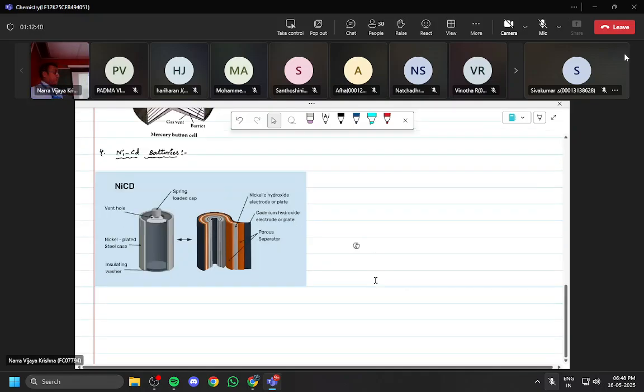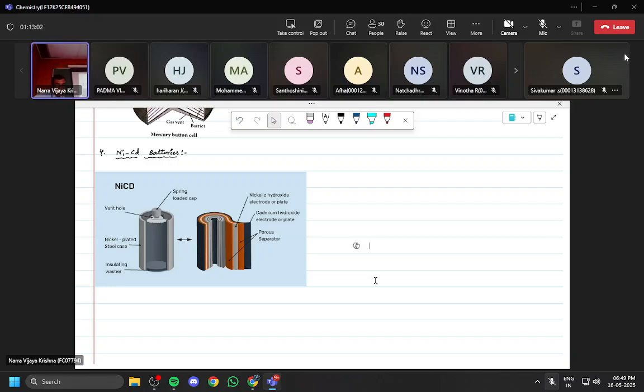Observe, sir. Till now, in both the dry cell and button cell, zinc was acting as anode. In the dry cell, the cathode was MnO2, whereas in the button cell, HgO plus carbon.